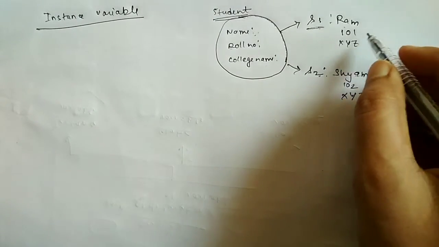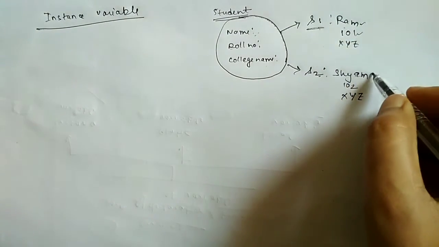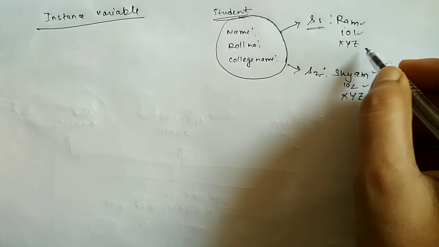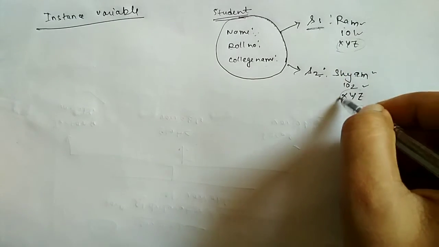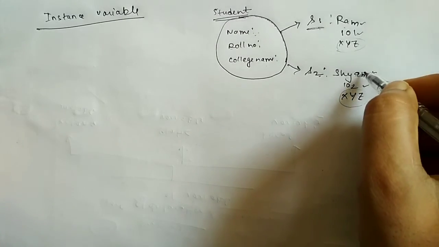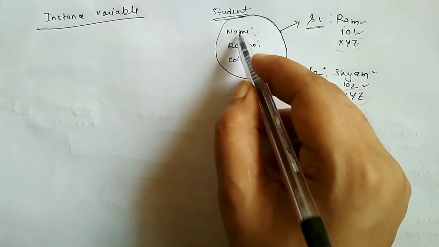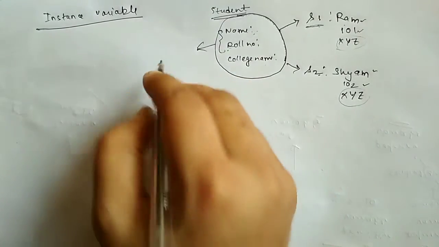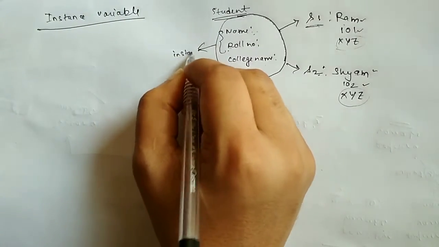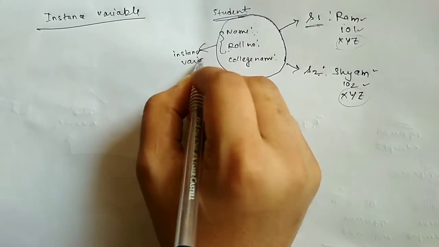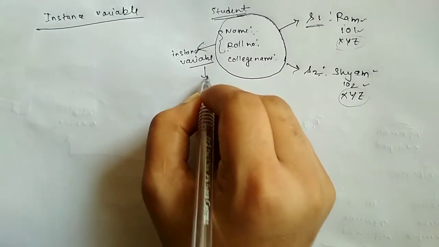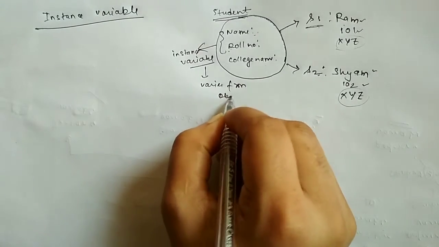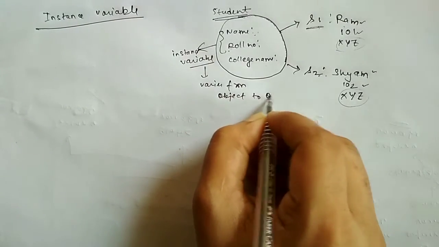So the name and the roll number vary from object to object, but the name of the college is the same. So we can declare the name and the roll number as instance variables as they vary from object to object.